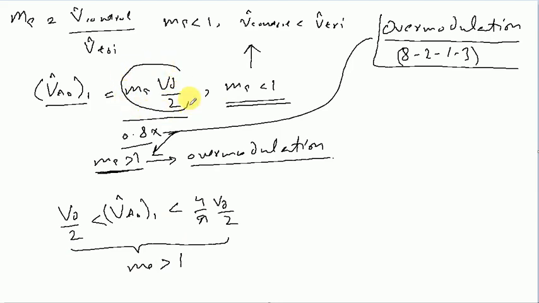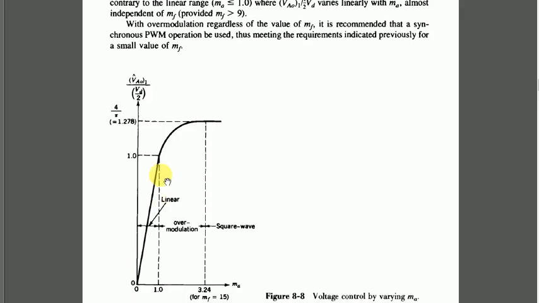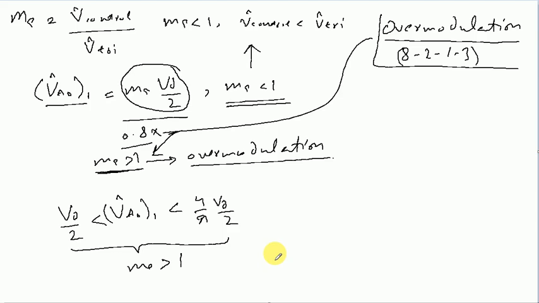For less than 1, it was a linear function of this parameter, but beyond this, once it reaches this point, it becomes equal to VD by 2, the product of 1, and beyond this it can reach a maximum value of 4 by pi into VD by 2, or this term can also be written as 1.273, and we have just seen it over there. Now let us discuss a little bit about the square wave switching.